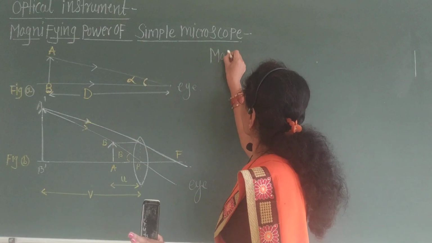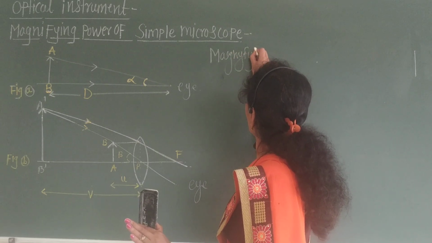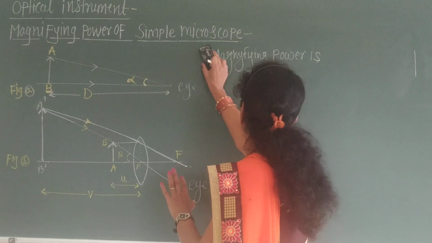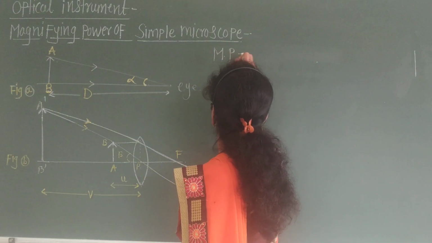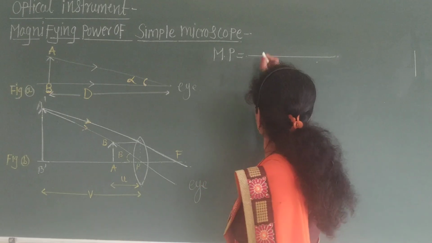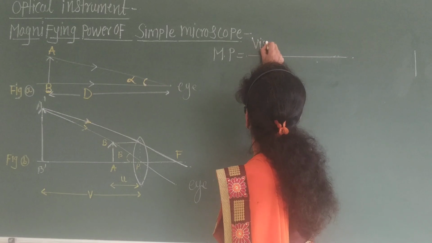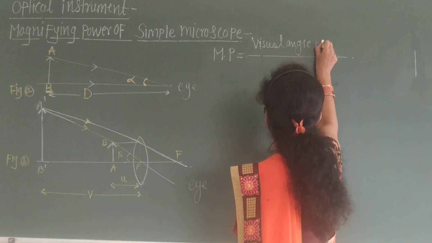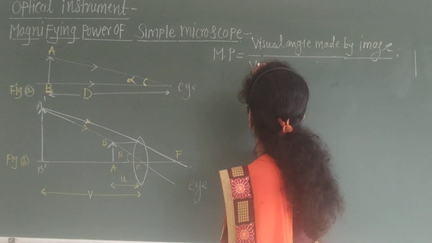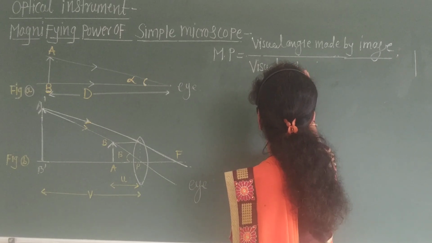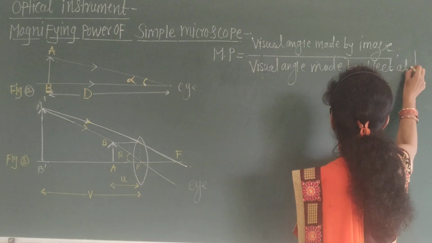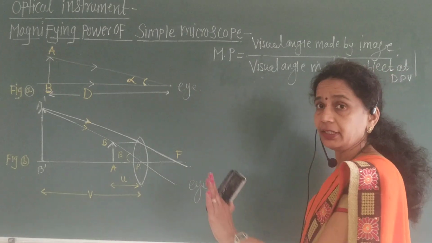Magnifying power can be written as MP. MP is defined as the ratio of the visual angle made by the image upon the visual angle made by the object at DDV, when the object is at DDV.